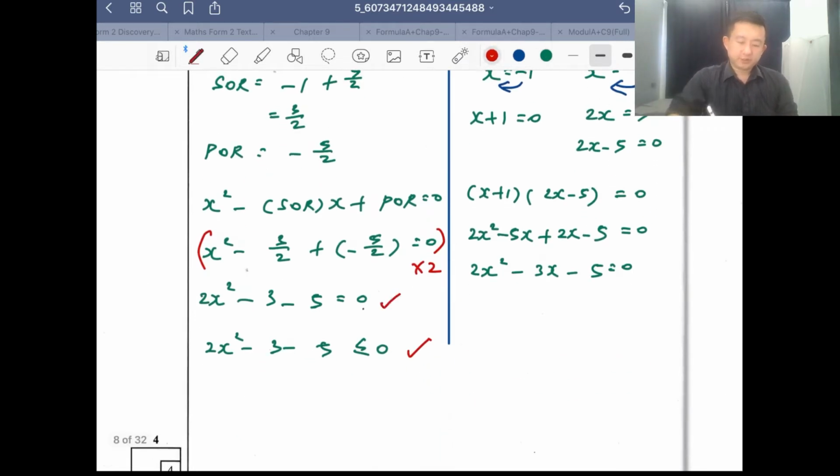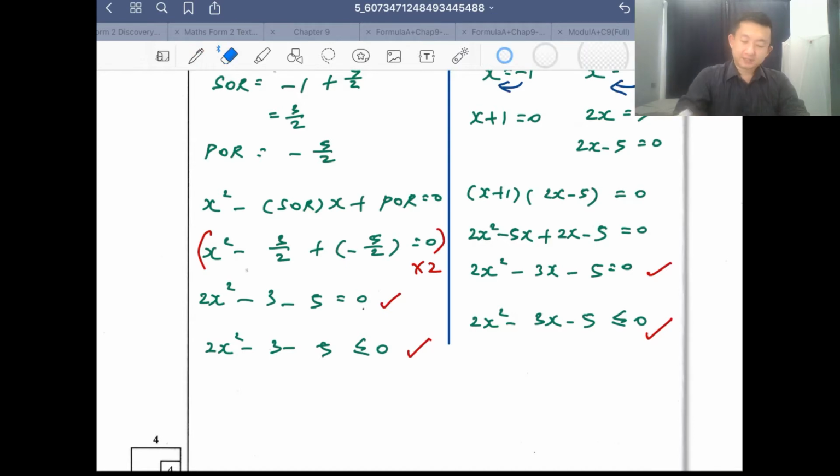Right, you see, you have the same answer. You form the quadratic inequalities. You know that it is less than or equal to 0, so this is your final answer. Okay?